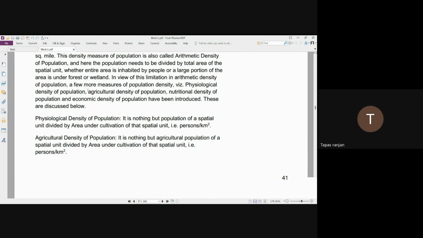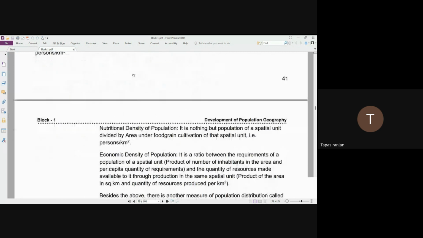In physiological density, we take all the population, even those engaged in the tertiary or secondary sector. But in agricultural density, we take only those people engaged in agricultural activity, divided by the area under cultivation.